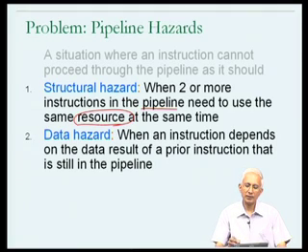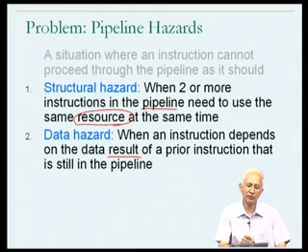In other words, there's one instruction which is somewhere in the beginning of the pipeline, and another instruction which is somewhere towards the middle or the end of the pipeline, and it is the second instruction that is producing a result that is of relevance to the instruction earlier in the pipeline. So there's some kind of a data relationship between the instructions, as a result of which it is not safe for the instruction maybe earlier in the pipeline to proceed through the pipeline as it should. So that is known as a data hazard.